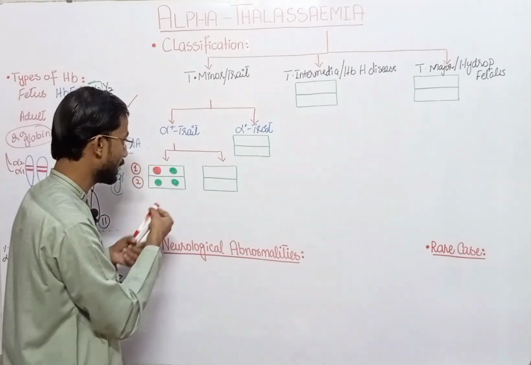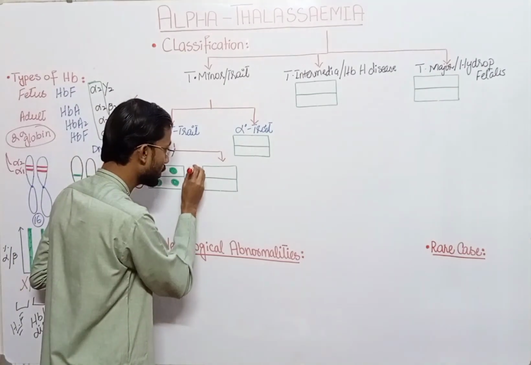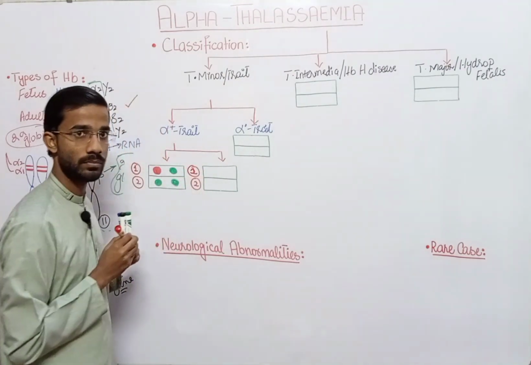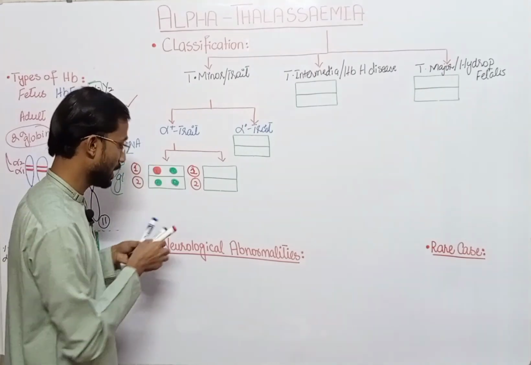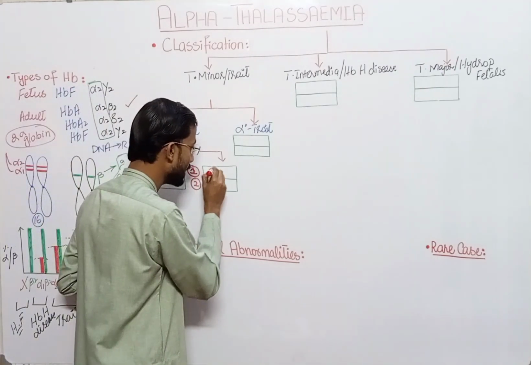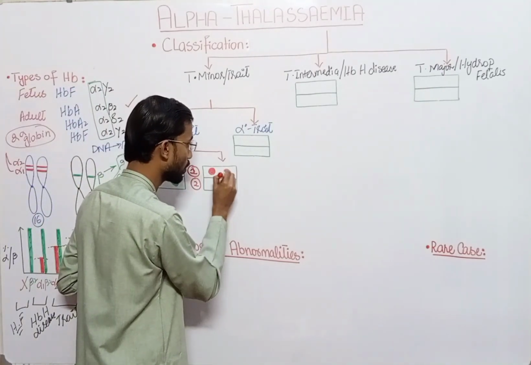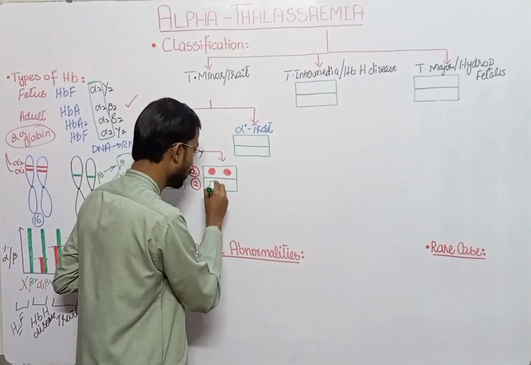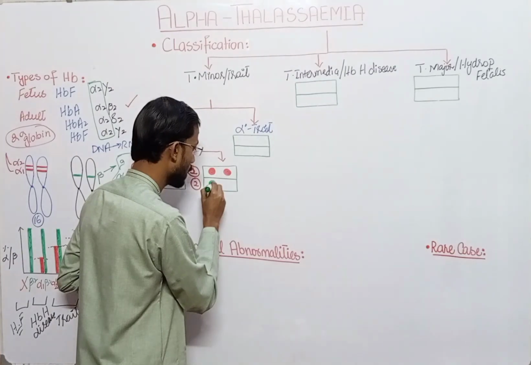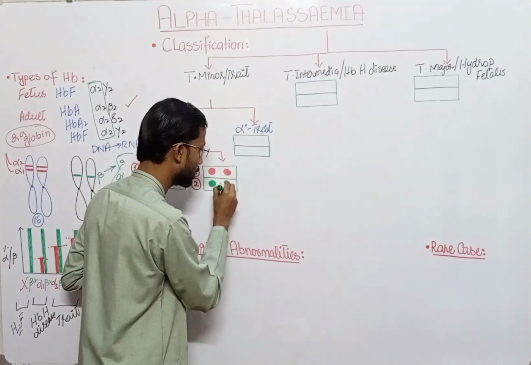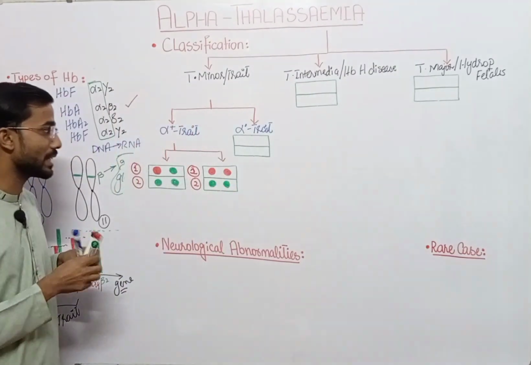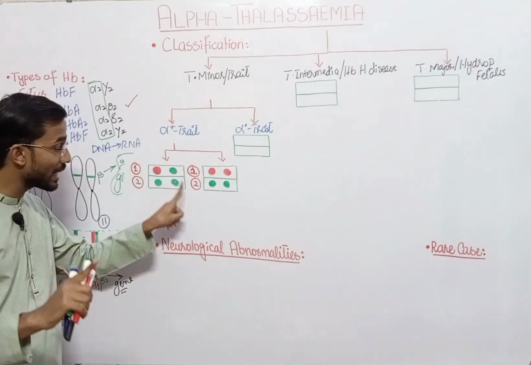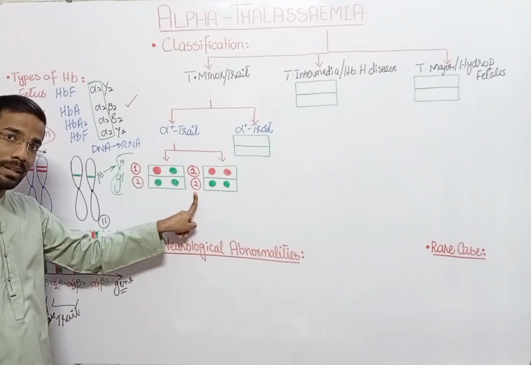The second case is that this is gene 1 and this is gene 2. In that situation, both the alleles of gene 1 are defective and gene 2 has normal alleles. So again only gene 1 is defective, but gene 2 is normal.